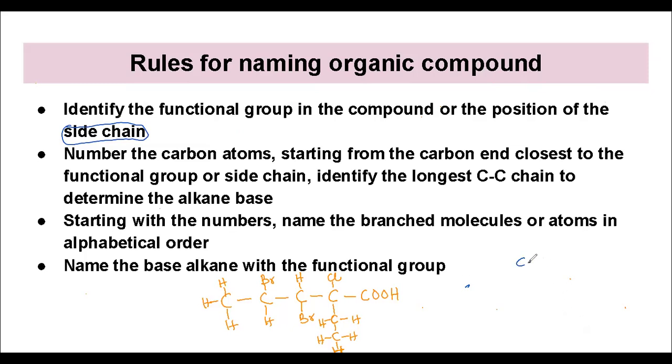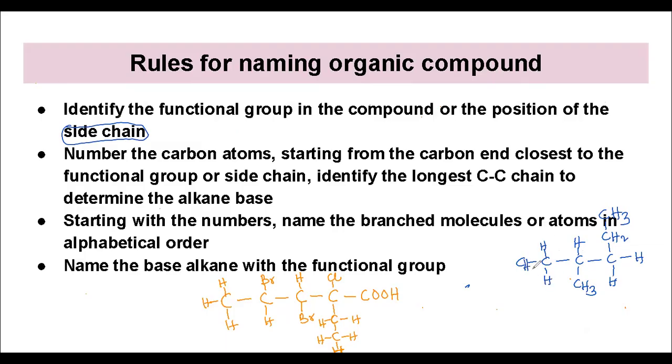I have this alkane here. You see, no functional group. I have C here, maybe another C here, another C here. This is hydrogen, this is hydrogen, let me write this as CH3, CH2, this is CH3, and these are hydrogen atoms.